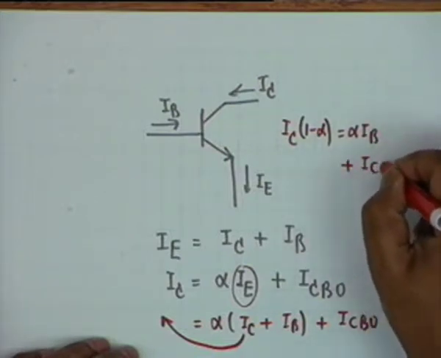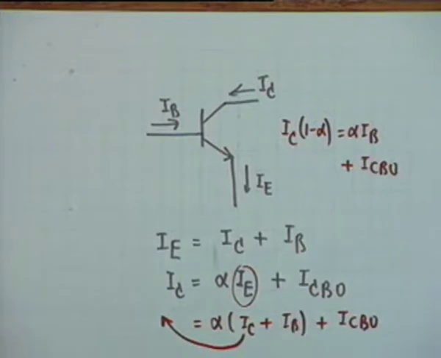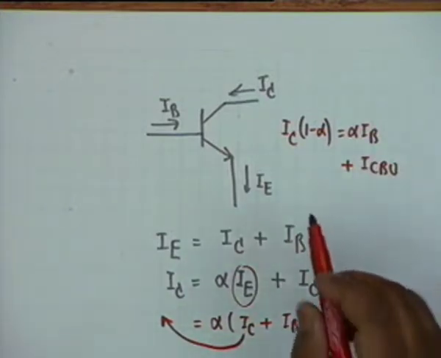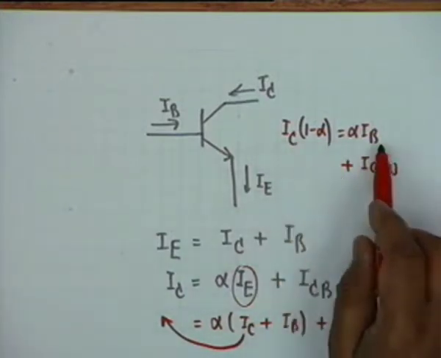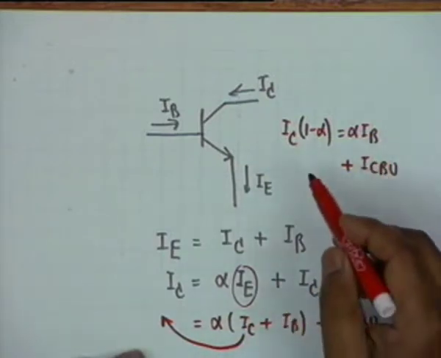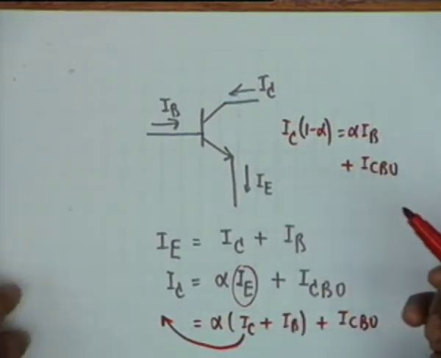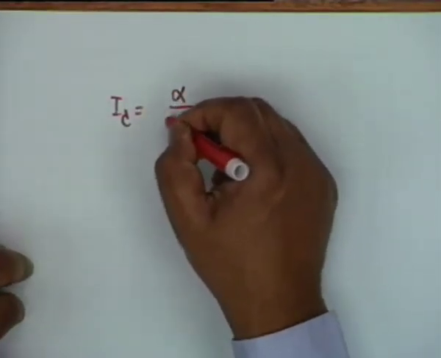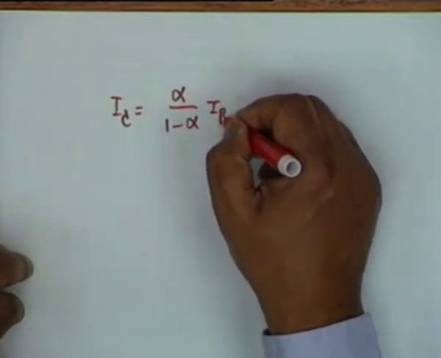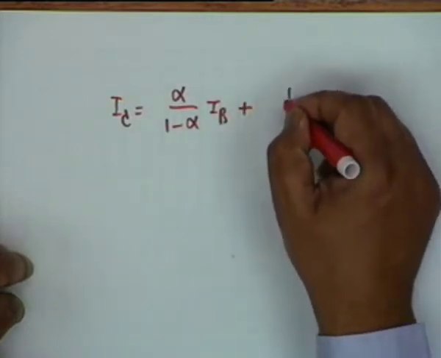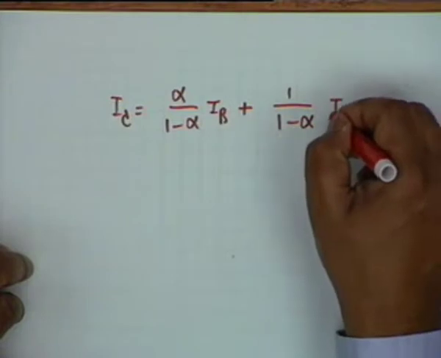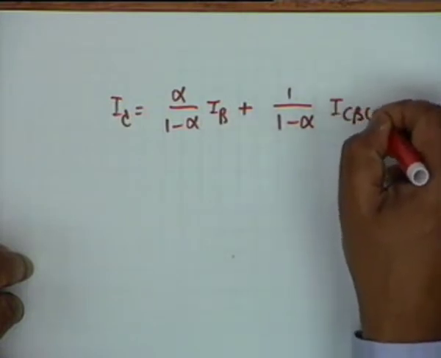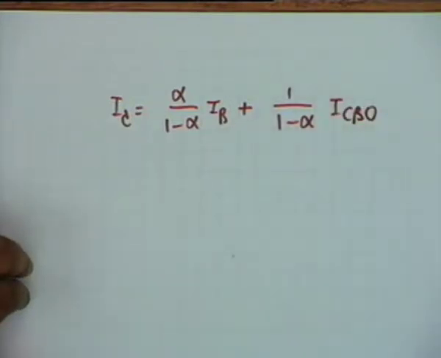plus ICBO. I am interested in finding I sub C as a function of I sub B, so if I divide both sides by 1 minus alpha, the relationship I get is I sub C equals alpha by 1 minus alpha times I sub B plus 1 by 1 minus alpha times I sub CBO, the reverse saturation current.